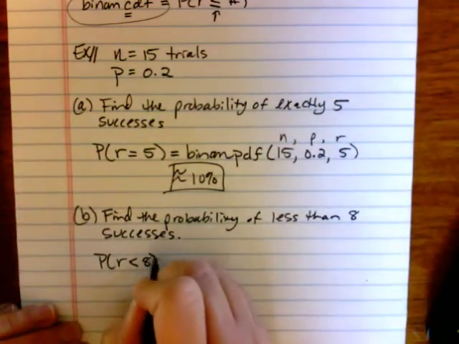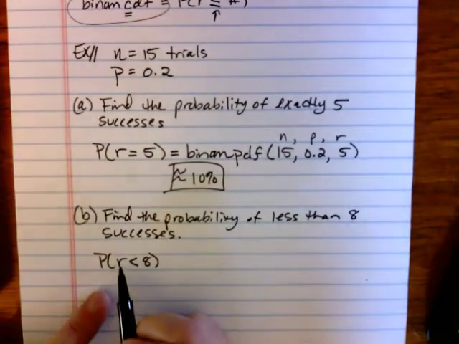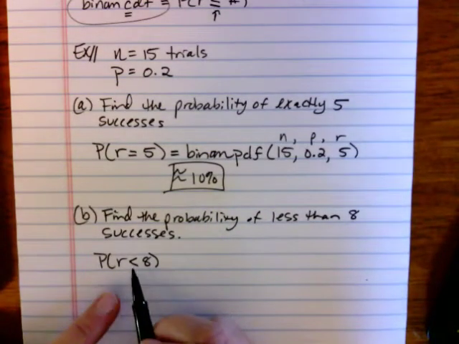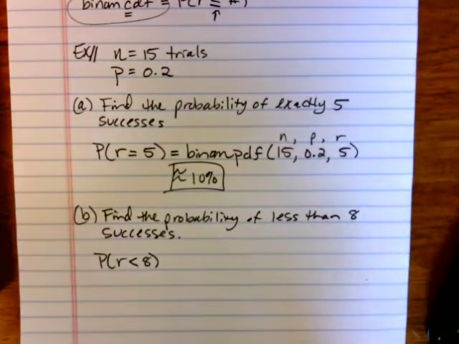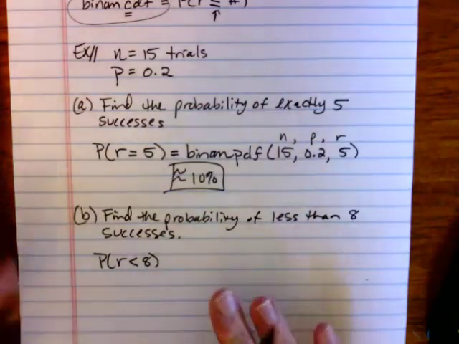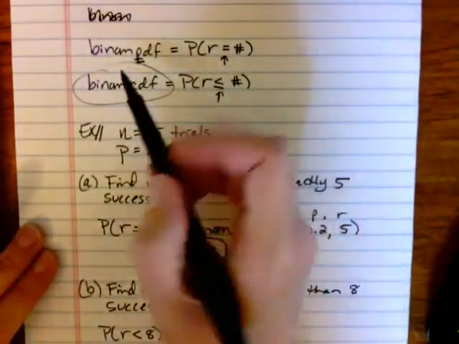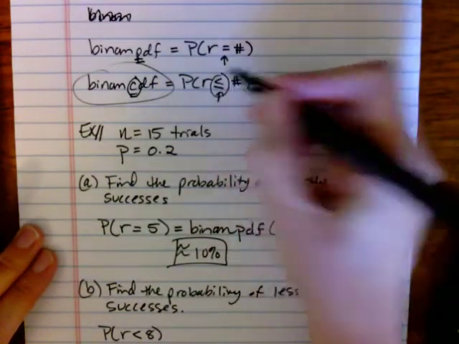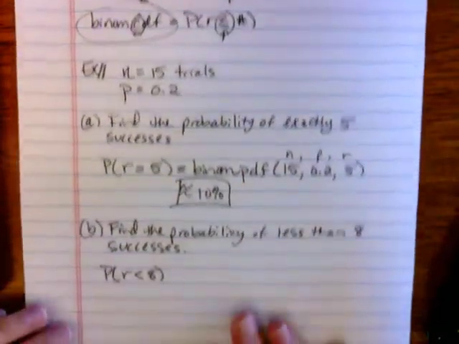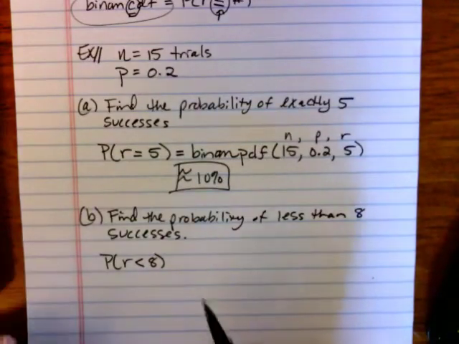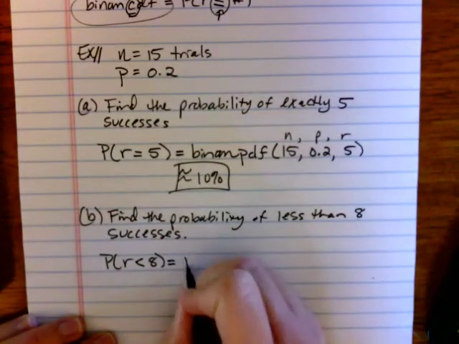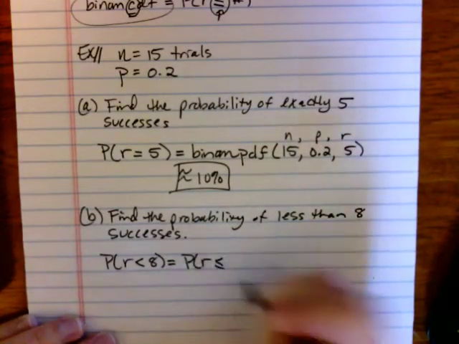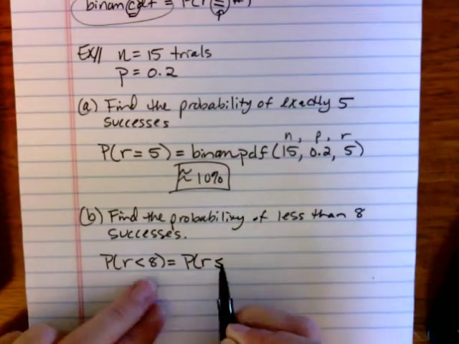So when it says less than 8, I'm looking for the probability that my number of successes R is strictly less than 8. And your calculator, being the finicky beast that it is, to use binom CDF, I have to have a less than or equal to here. A less than will not cut it. So I need to convert this so that there's a less than or equal to.